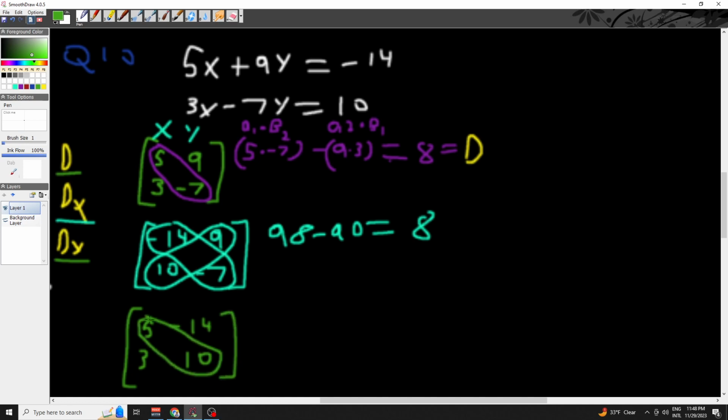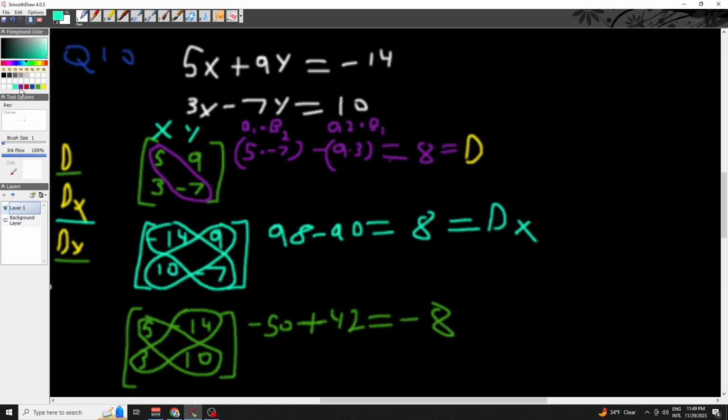You're going to do the exact same thing, A1 B2 minus A2 B1, which will end up getting you -50 minus minus, which just turns that into a plus 42, which is equal to -8. So this top one is D. This second one is the determinant of x. And lastly, this bottom one is the determinant of y.